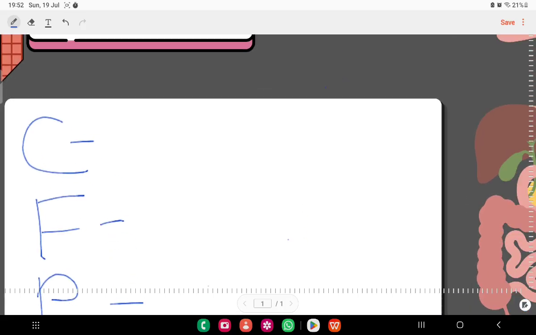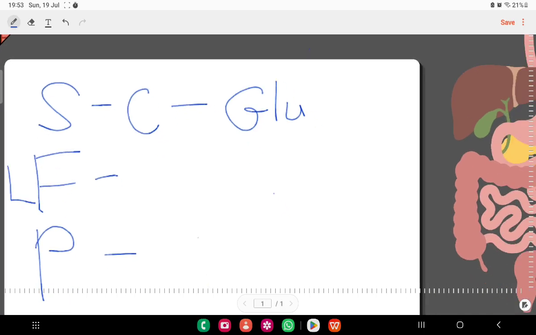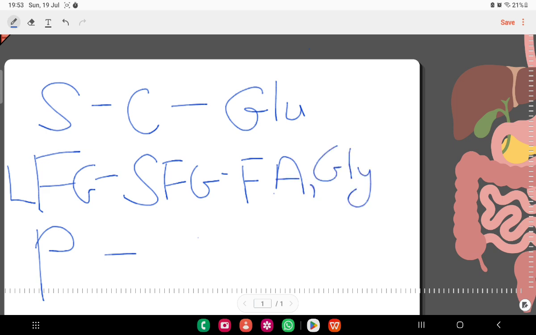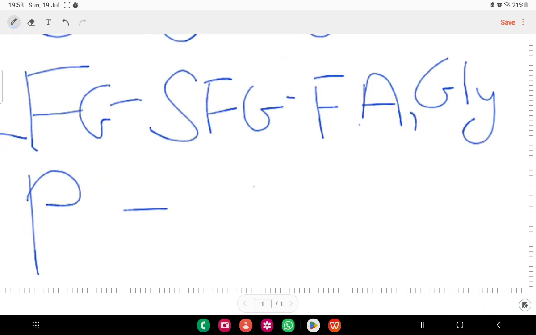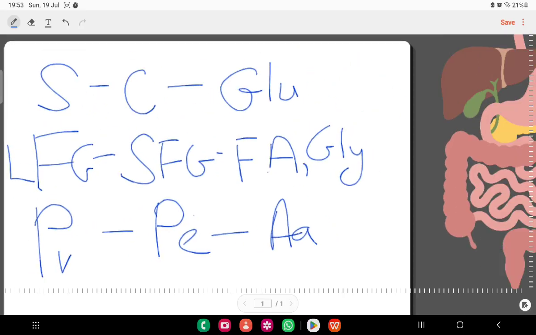Starch is broken down into carbohydrates, and carbohydrates are broken down into glucose. Large fat globules are broken down into small fat globules, and those are broken down into fatty acids and glycerol. Proteins are broken down into peptides, and those peptides are broken down into amino acids.